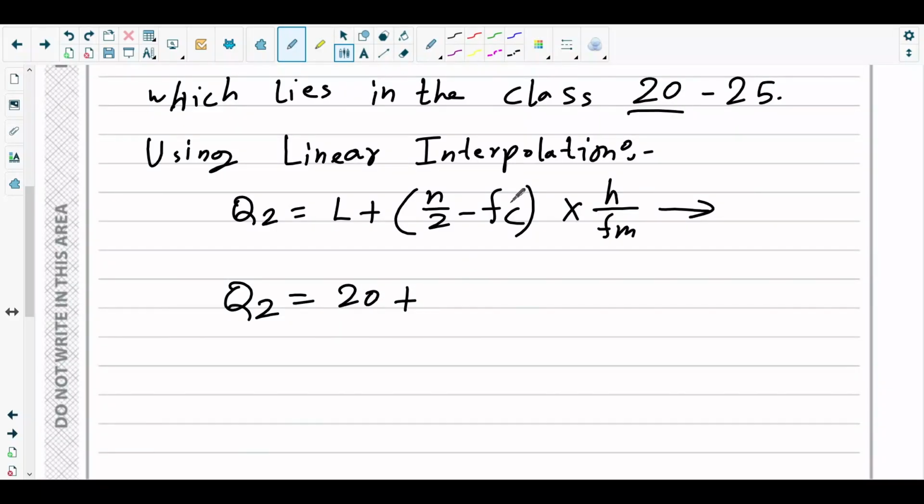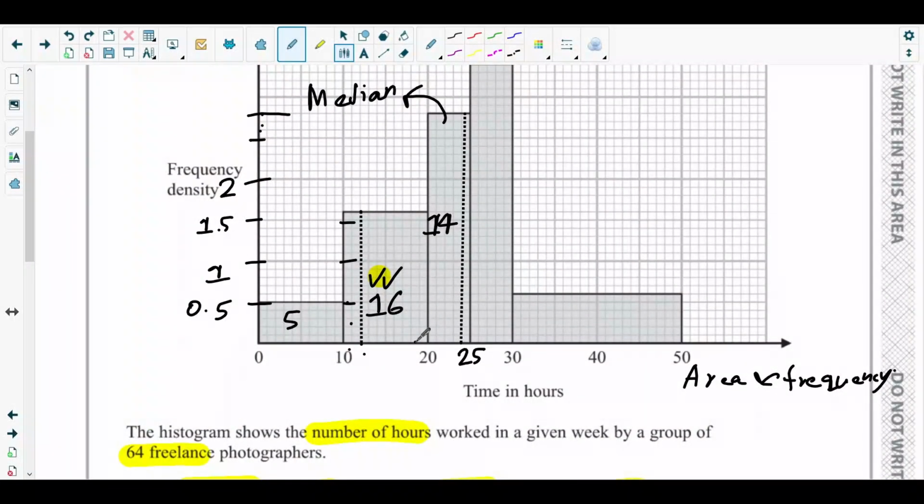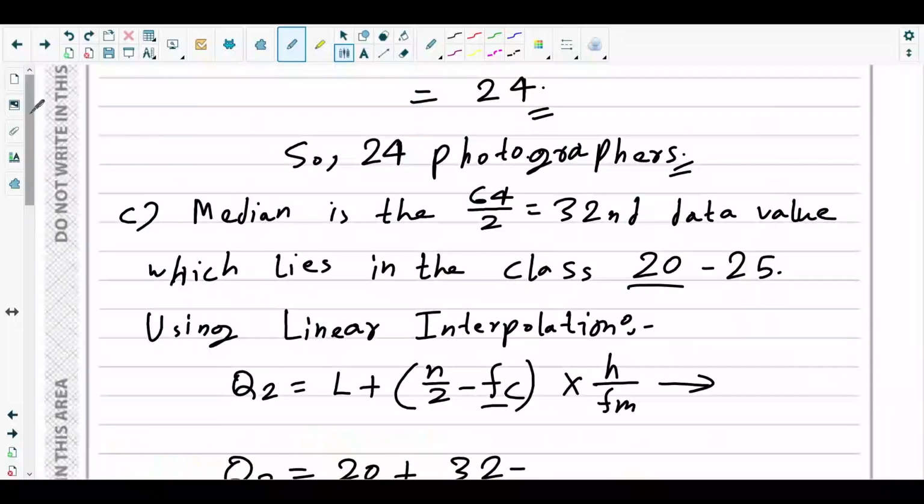Plus N over 2. N over 2 is 64 over 2, which is 32, minus Fc. Fc is the cumulative frequency of the class previous to the median class. So the previous class is 10 to 20, right? So the cumulative frequency would be 16 plus 5, which is 21.